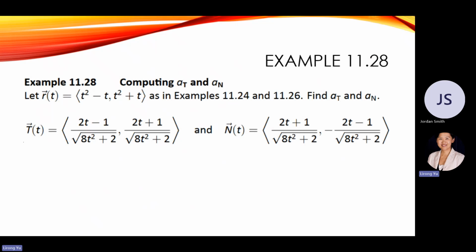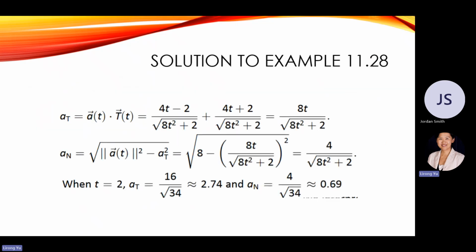We're going to take the second derivative, multiply, dot product, AT dot T, plus AT dot NT. So AT dot T will give us the component of how much is changing the speed. You can see AT dot T is basically 2 times the first component, 2 times the second component, and some of the factors are changed. So you can see this is how much change is happening to the speed. It's affected by the T. When T equals 0, we see that this change component becomes 0.